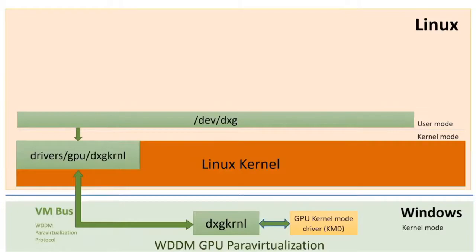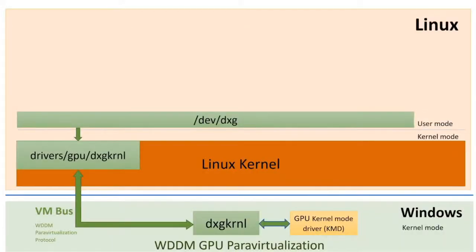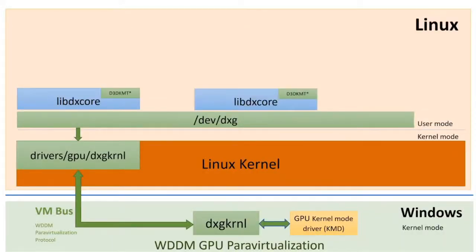In our case, we wanted to bring these WDDM services, which allow software written against that GPU abstraction to run inside of a Linux environment. So we have /dev/dxg, and then through some magic in libdxcore, we make the same WDDM services, the D3DKMT API I was talking about earlier, available inside of Linux.